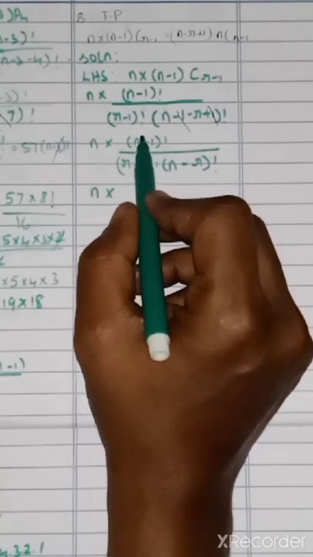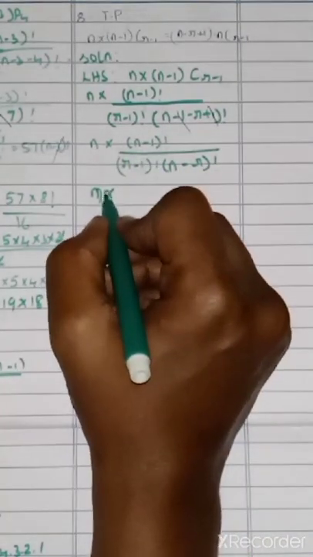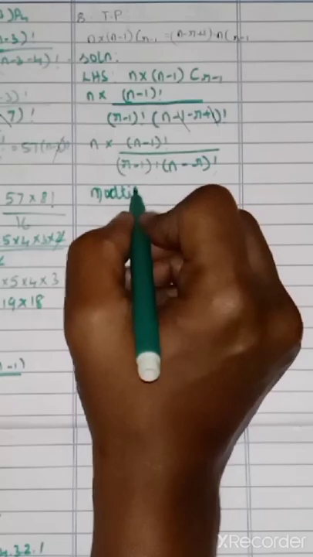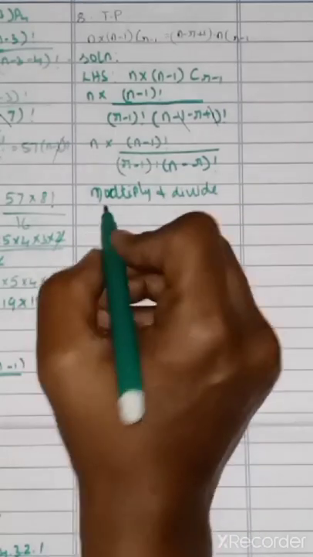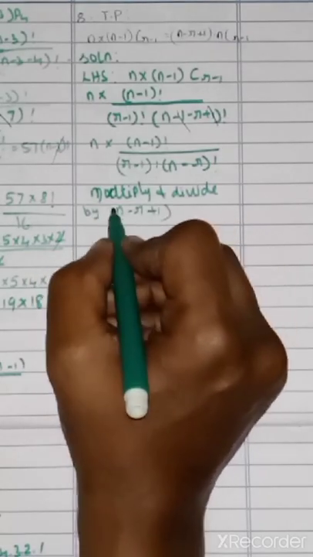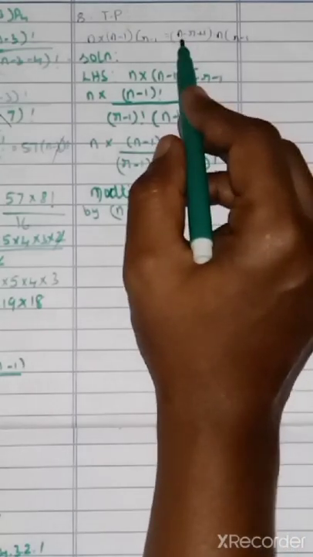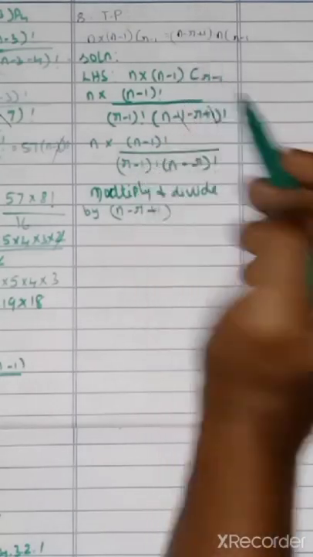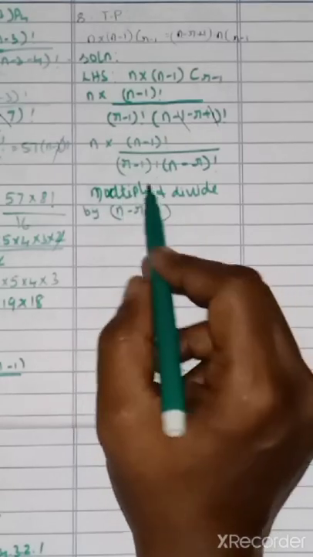So again this one, n into this we can write it as, okay, so one more step, multiply and divide by n minus r plus 1. Why are we multiplying and dividing by n minus r plus 1? On the left hand side we have that n minus r plus 1 term. So we multiply and divide by the n minus r plus 1 term.